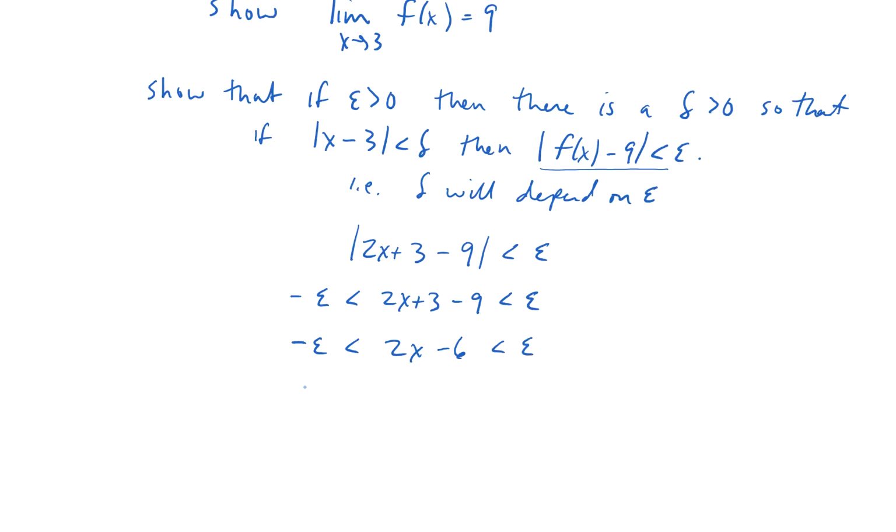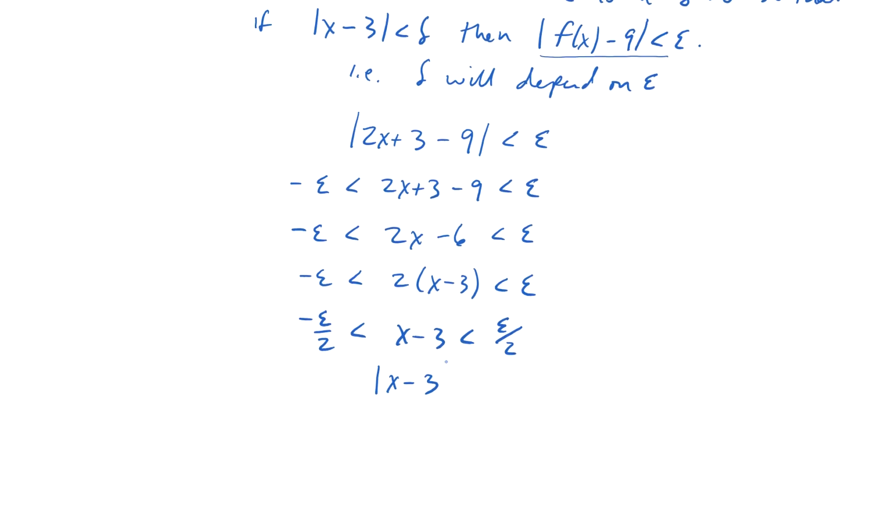Now I'm going to factor out a 2 and do x minus 3 and then divide by 2. So I get negative epsilon over 2 less than x minus 3 less than epsilon over 2. And what this means is that the absolute value of x minus 3 is less than epsilon over 2.